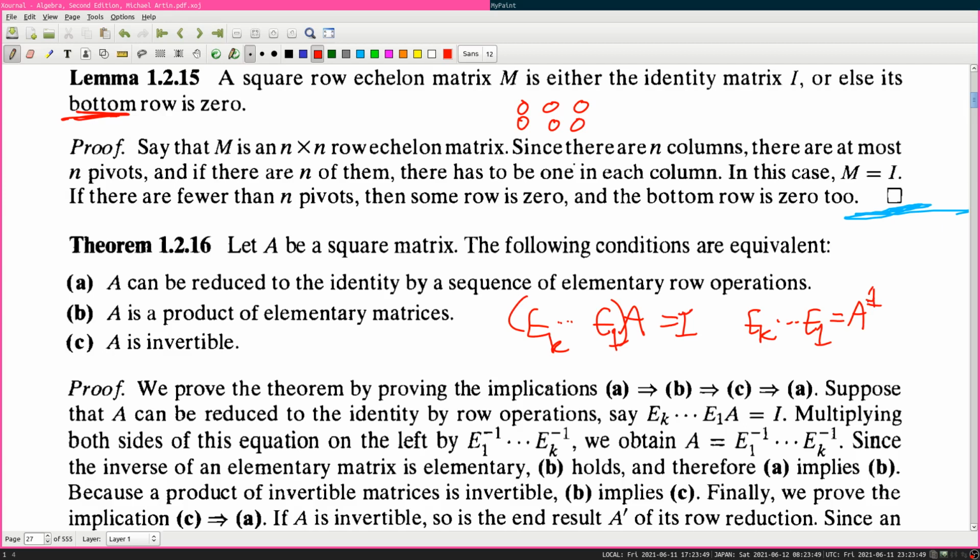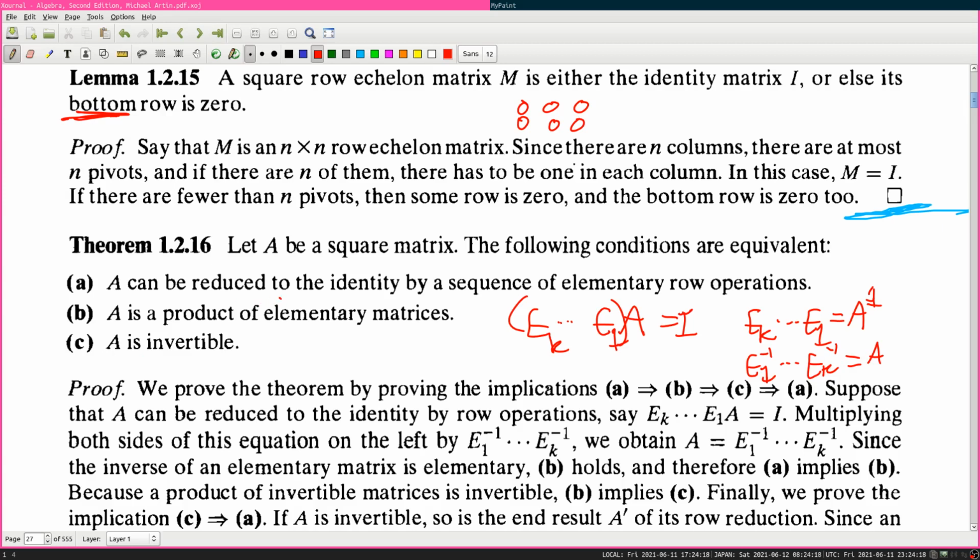Wow, that's a terrible inverse sign, but you get what I'm saying. Well, then you take the inverse of this, so E1 inverse up to Ek inverse. Well, that better be equal to A. The inverse of each elementary matrix is an elementary matrix. So now A is written as a product of elementary matrices.